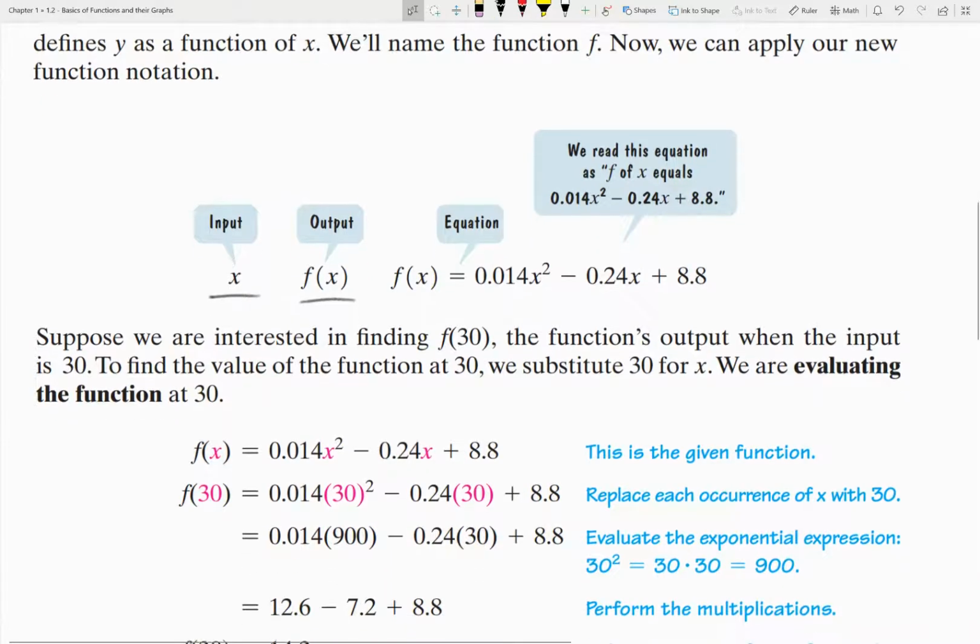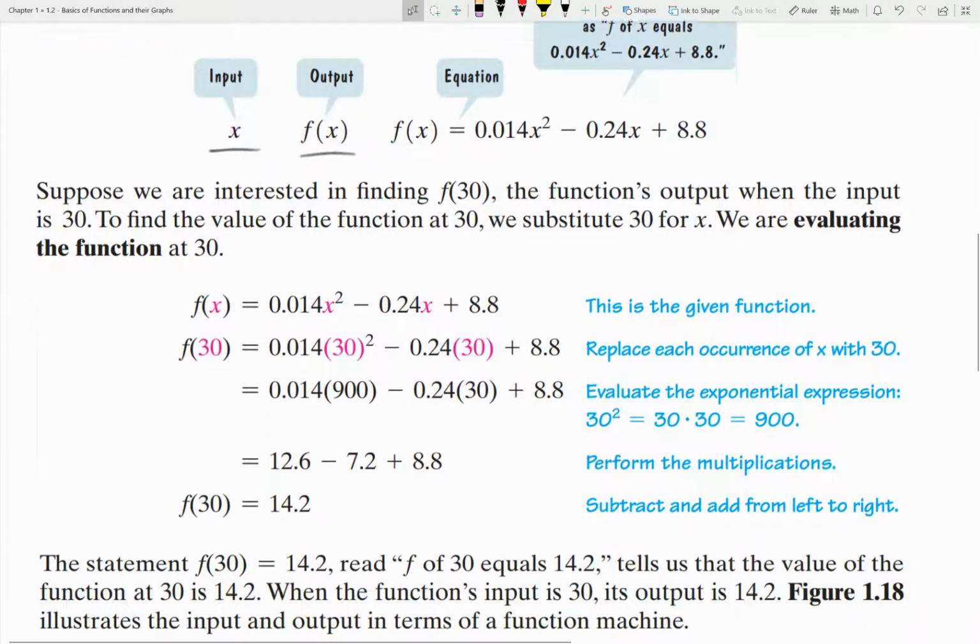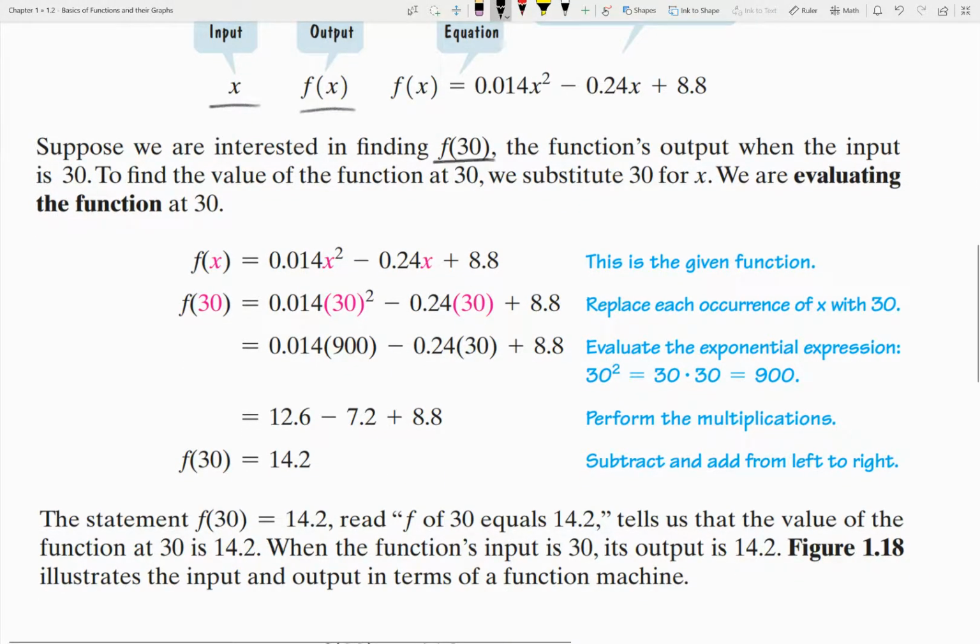So now if we want to find f of 30, the function evaluated at 30, all we do is plug x into the function. So everywhere that's pink there in the description, we're going to replace the value x with 30. Now you don't have to do anything on the left, right? That's just notation.